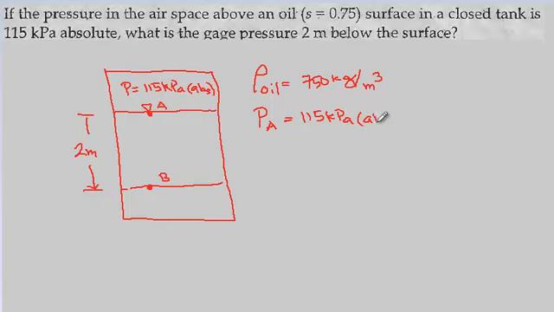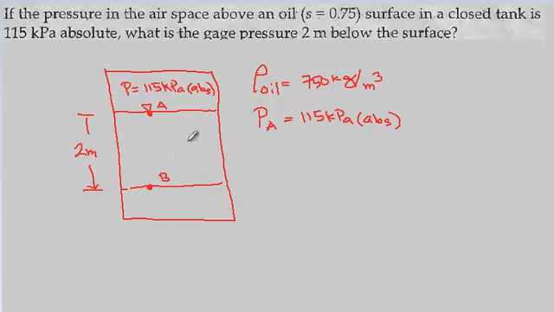There are a lot of ways to solve this. Since we're looking for PB in terms of gauge, you could simply solve for PB absolute first, then convert that to gauge later. I think that's what we do now. How will we be able to solve for PB? Simple. As you go deeper, the pressure increases by rho gh.